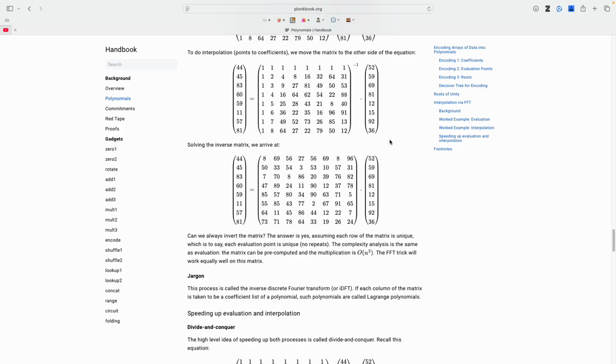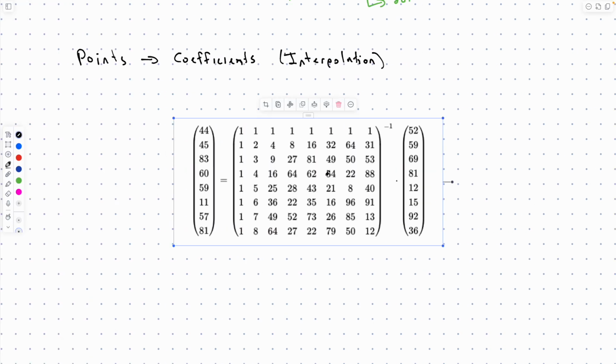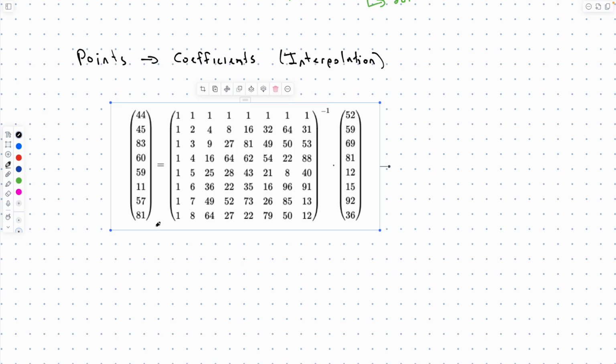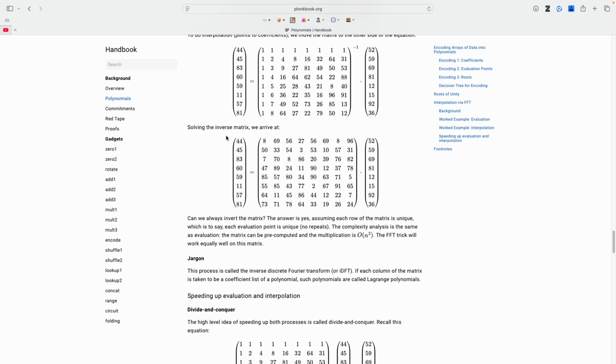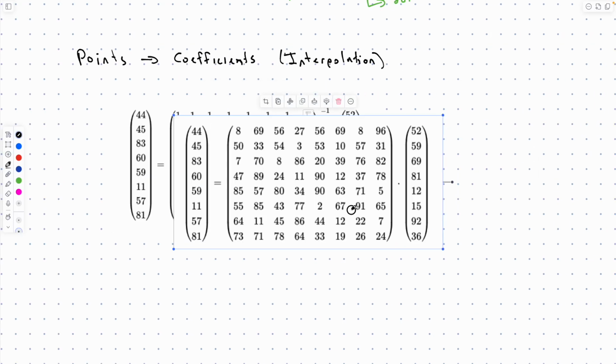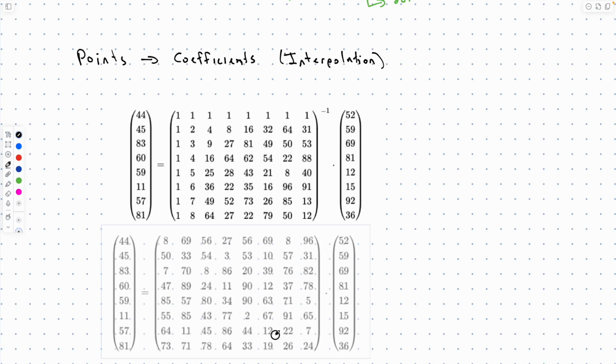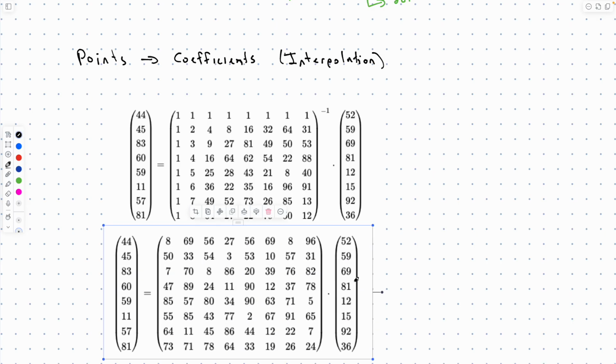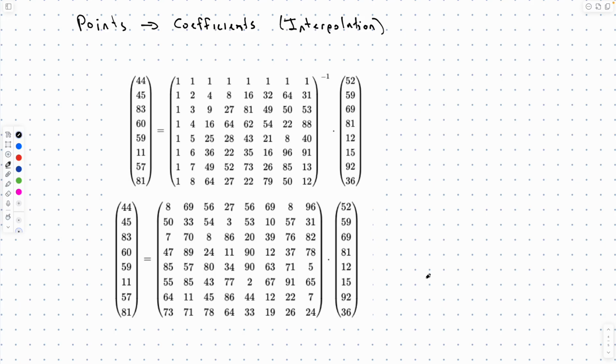So I'll just grab a copy of this. Now we have our evaluation points, and we have the domain.